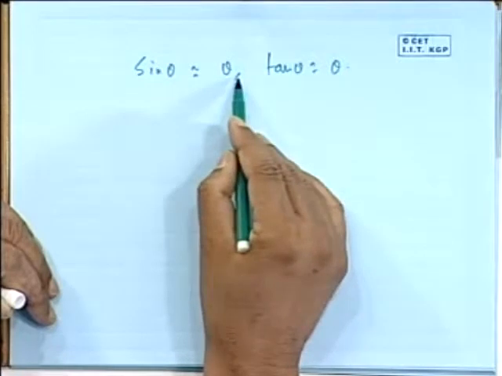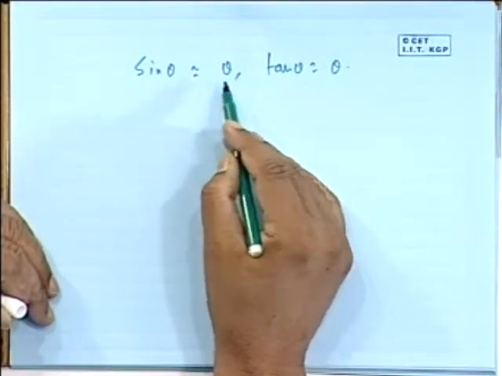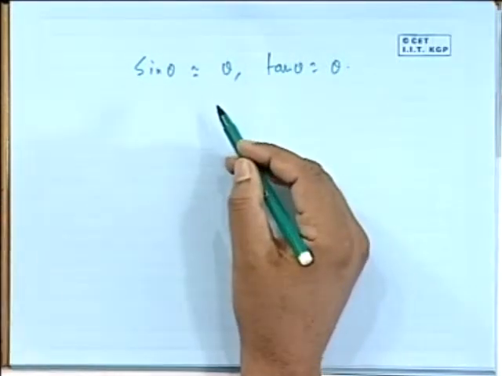Strictly speaking, this will be valid only as theta tends to 0. But if you do it at theta equal to 0.01 degree, it will be close enough up to say the fifth decimal place. If you do 1 degree, up to the fourth decimal place, like that. Depending on how much accuracy you want, it is going to be progressively closer. And for ship cases, people take about 4 to 5 degrees to be small.